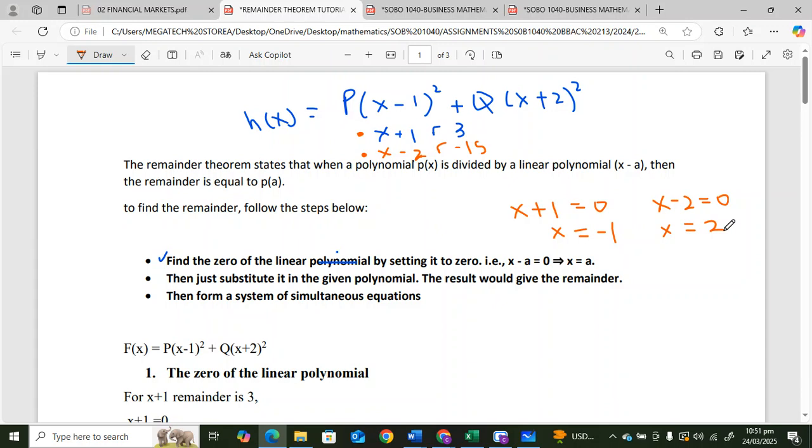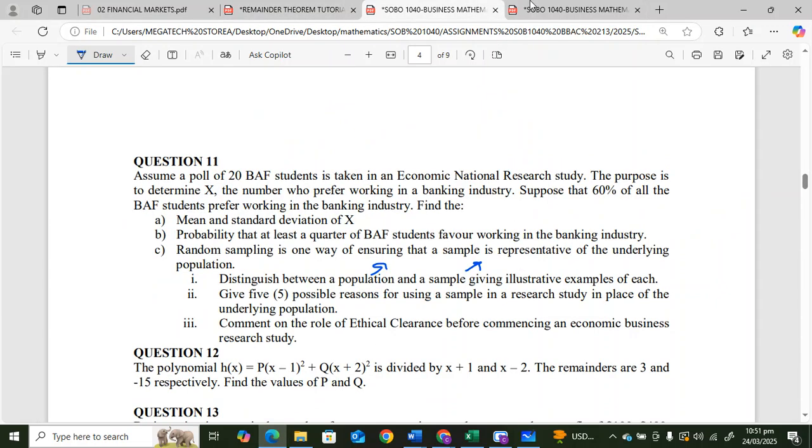Any questions before we move further? Remember, these two are divided by the polynomial. When you divide by the polynomial, it's stated in the equation here, in this x plus 1 and this x minus 2.